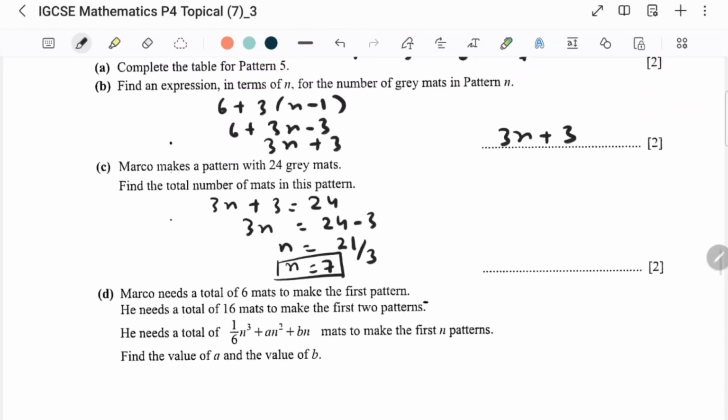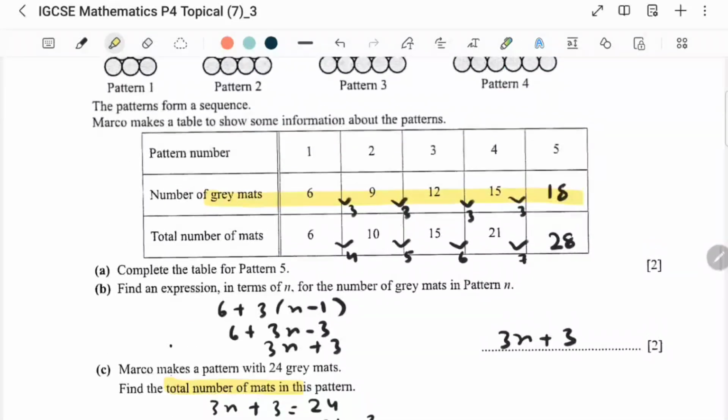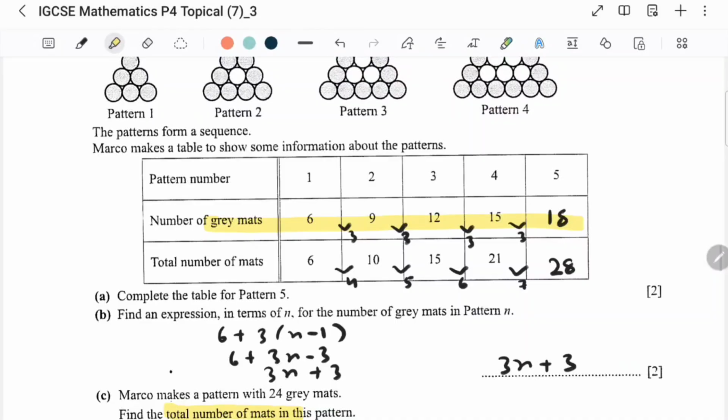Now here, they're asking you the total number of mats. The term was 7 and we have to find the total. The term was 7, just look here. We have to add the 7 numbers. So here we have 5 already.